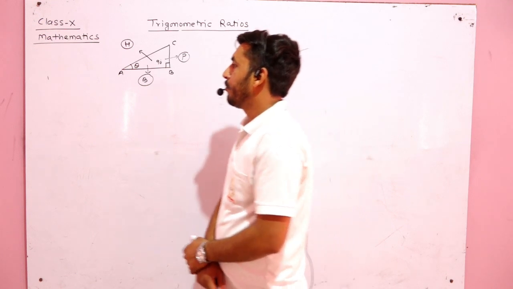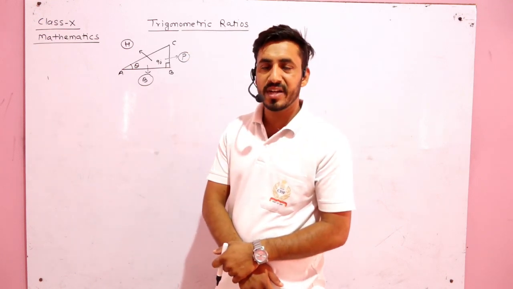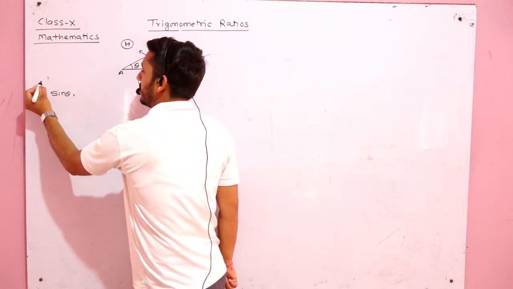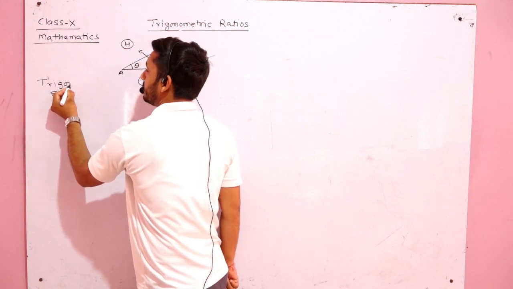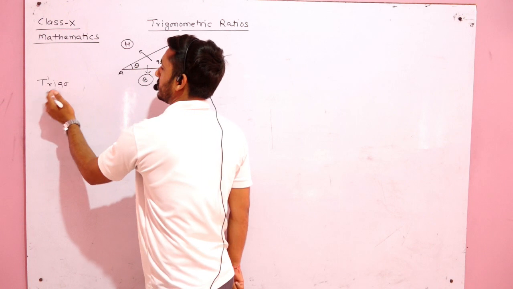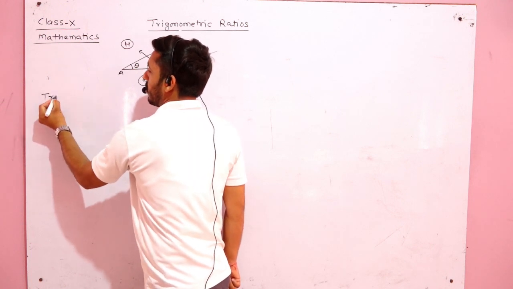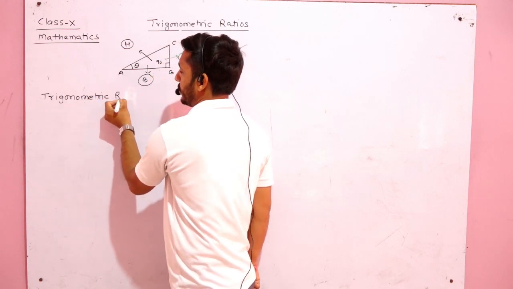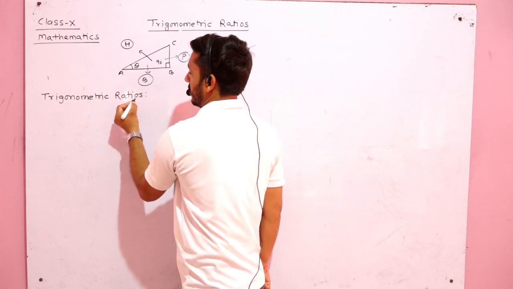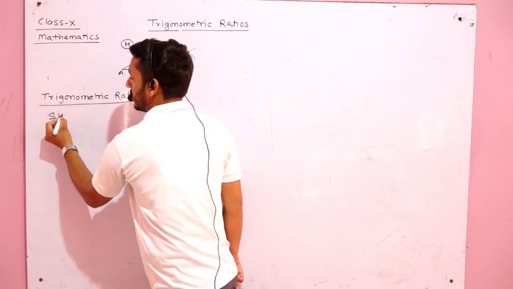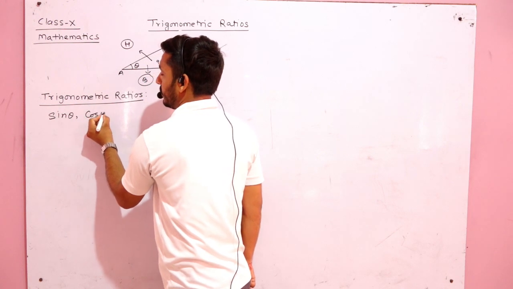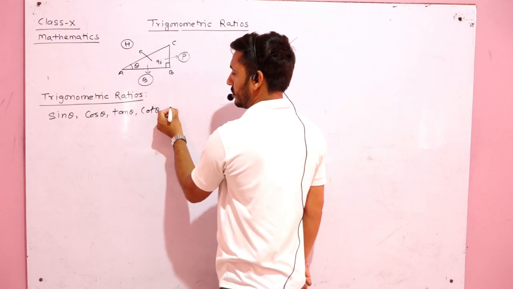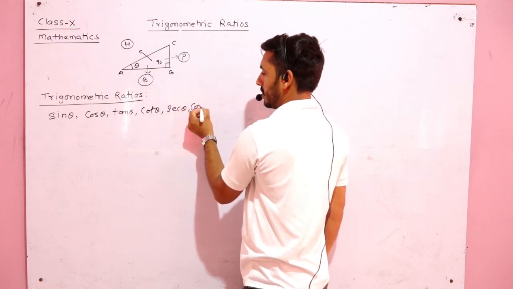We can write all trigonometric ratios as: sin theta, cos theta, tan theta, cot theta, sec theta and cosec theta.